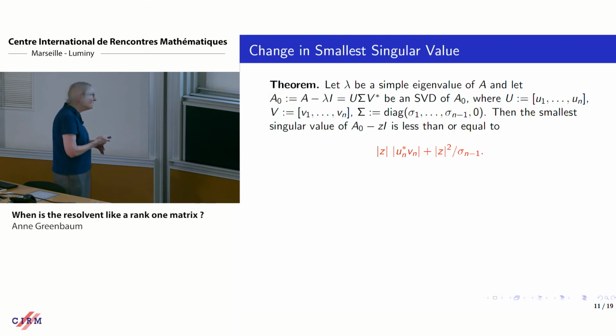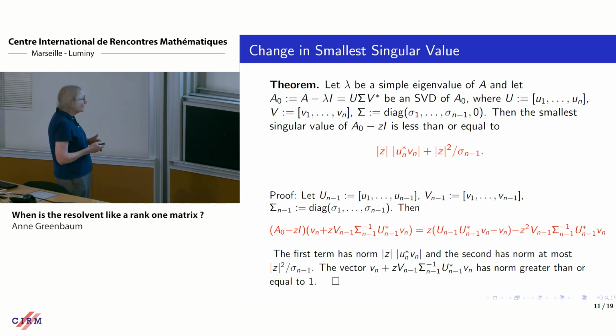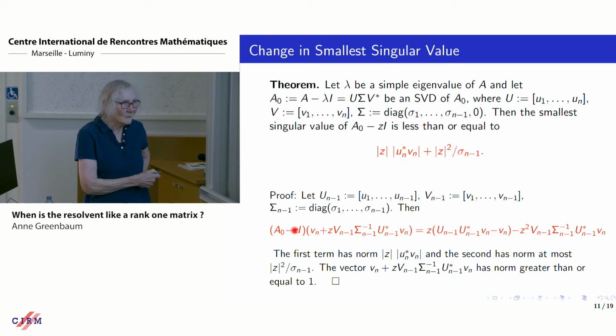Okay? And the way to prove that is simply to find a vector that you can apply A0 minus Zi to and get something with much smaller norm. And I should mention I'm always talking about the 2 norm here. Okay, so what happens, I chose this vector. When I apply A0 to vn, I get 0, un times sigma n, and sigma n is 0.